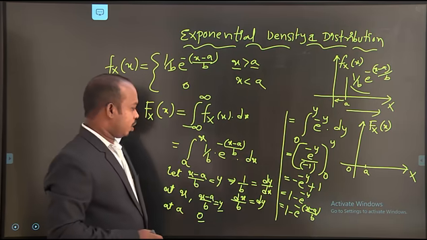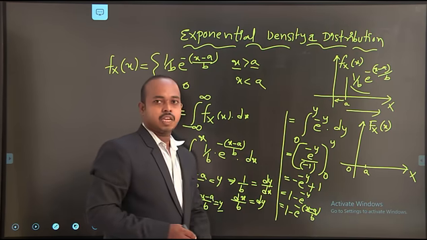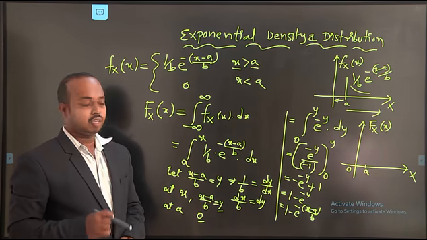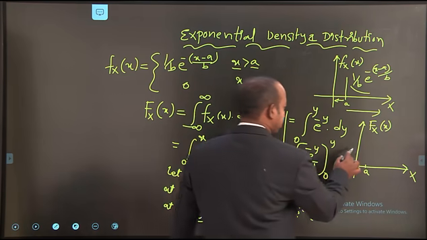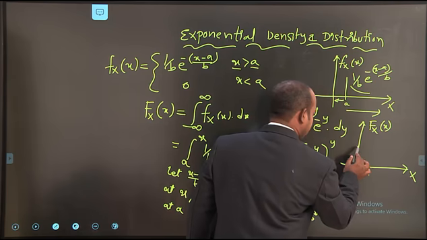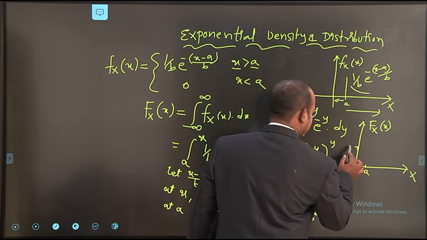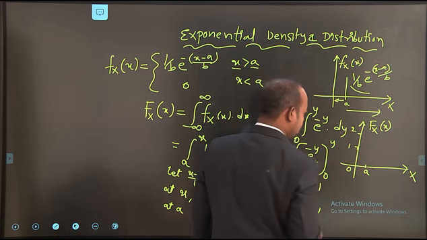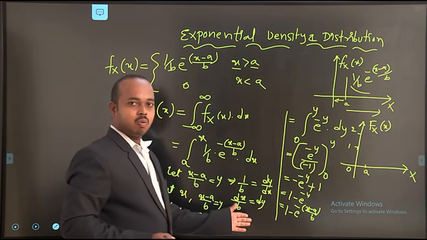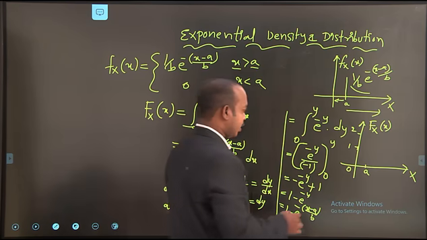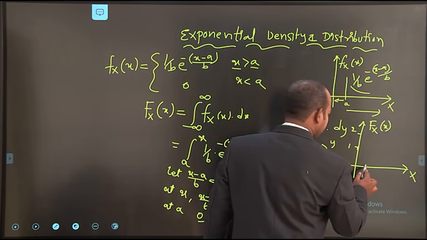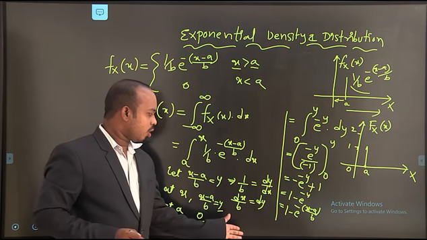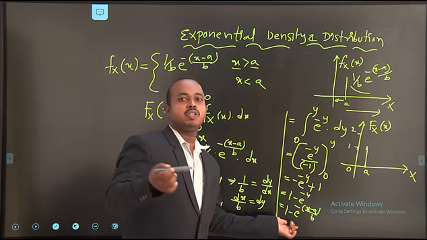The exponential value we are subtracting from unity, so I draw a straight line for the value 1, and from this 1 we subtract the exponential quantity.